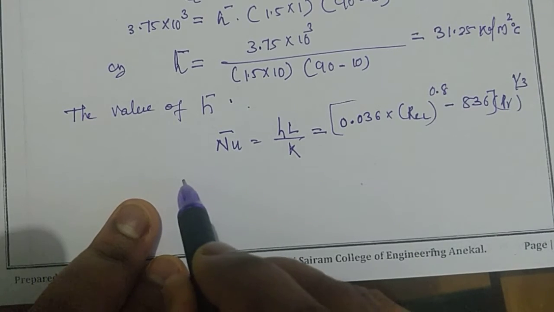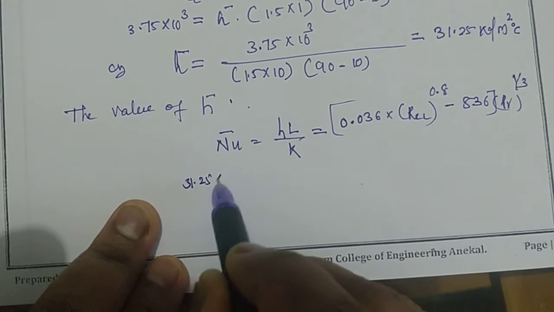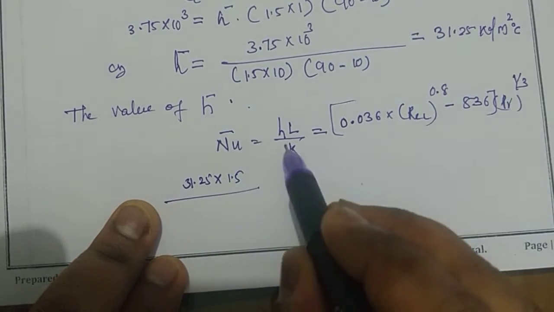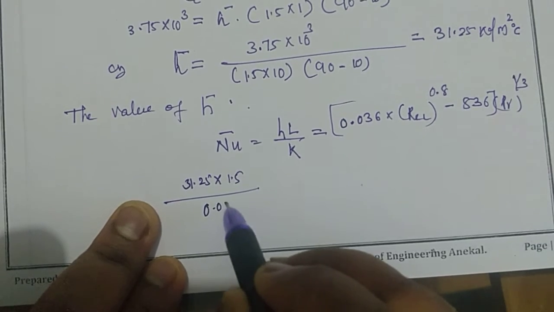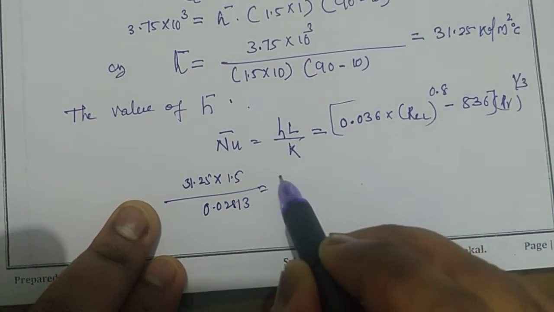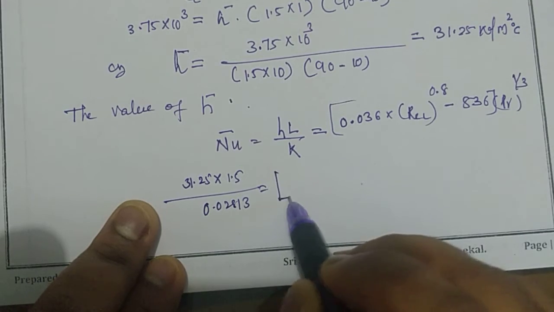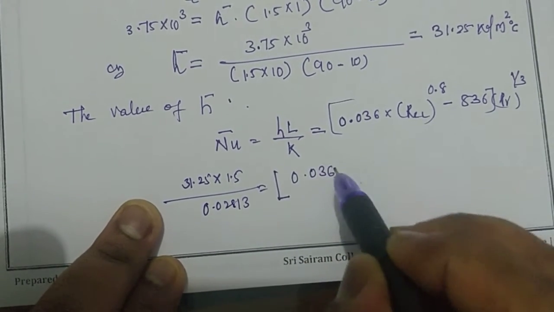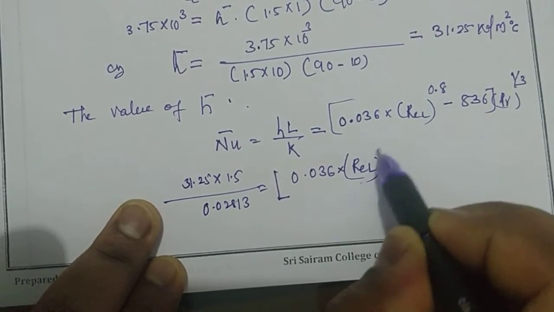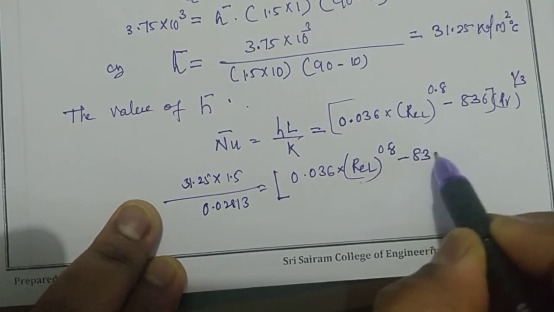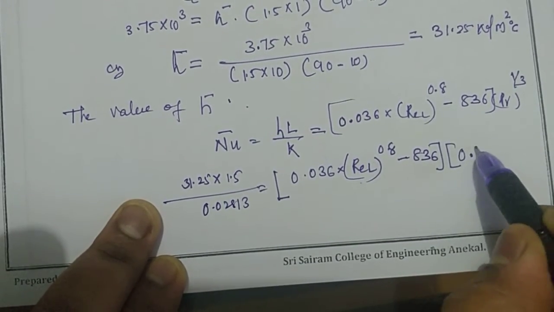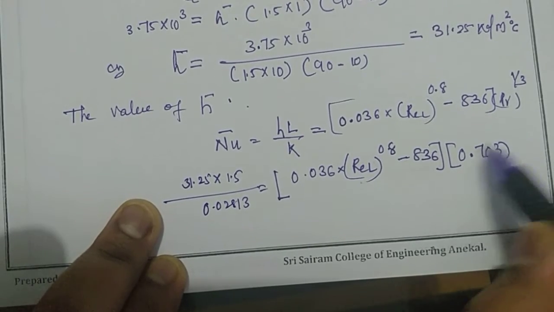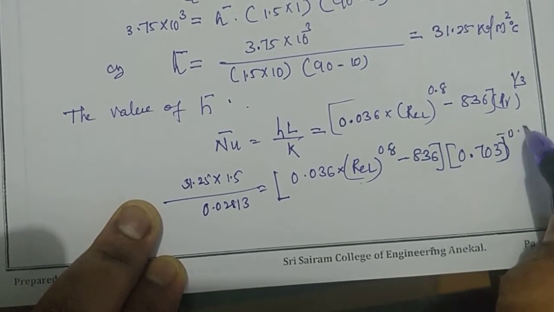So 31.25 into 1.5 divided by k, which is 0.02813, is equal to 0.036 Re_L to the power 0.8 minus 836, into Prandtl number, which is given as 0.703, to the power 0.33.